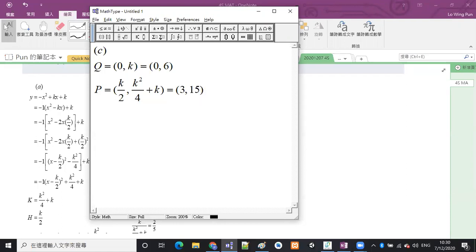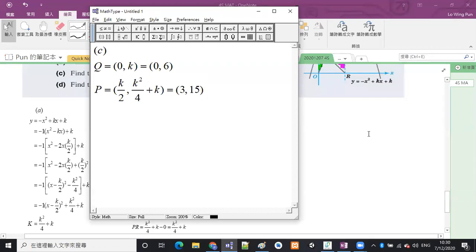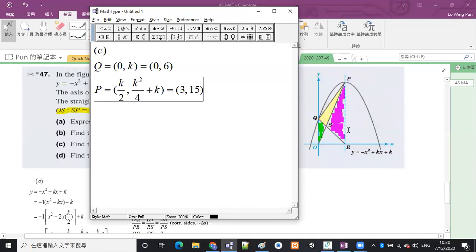Okay? Now that we know P and Q, it is not difficult to find the area of triangle OPQ. The base should be OQ. OQ will be equal to 6 minus 0, or just 6.